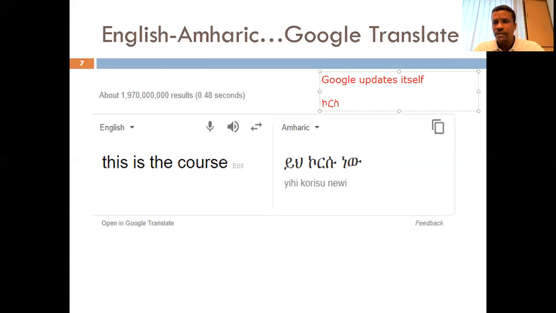Course is not an Amharic word. Rather, it is an English word written using Latin. The word course is an English word which is written using a Latin script.